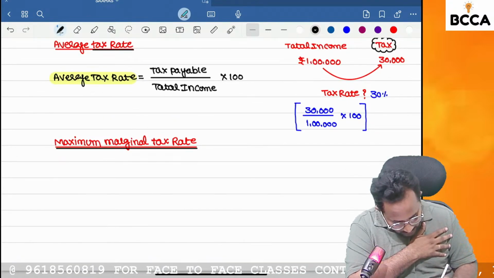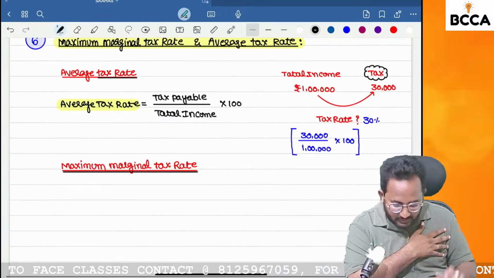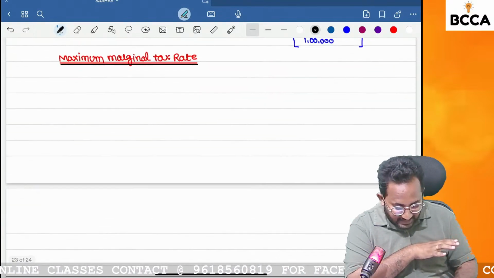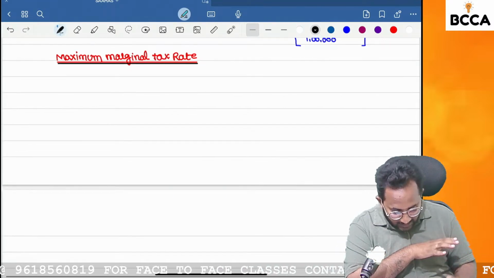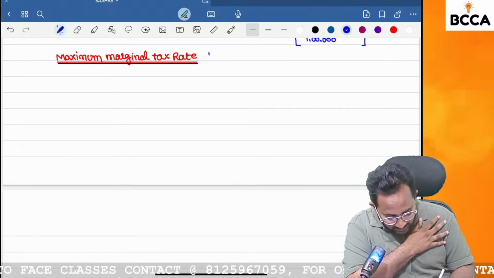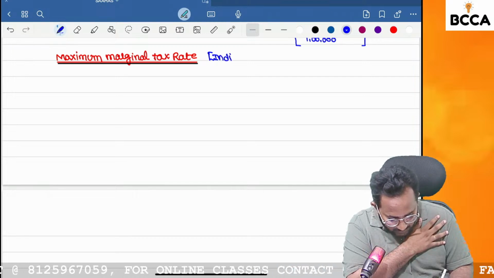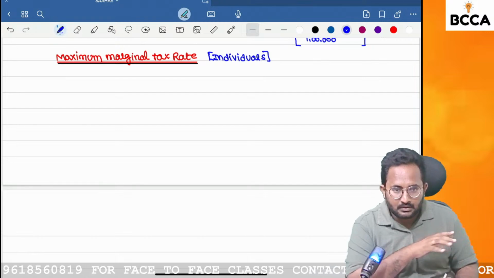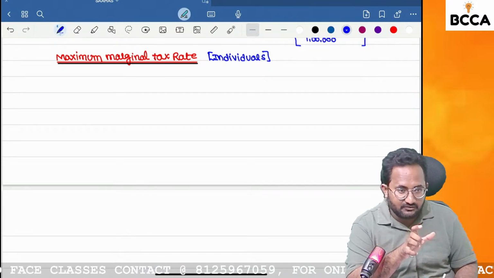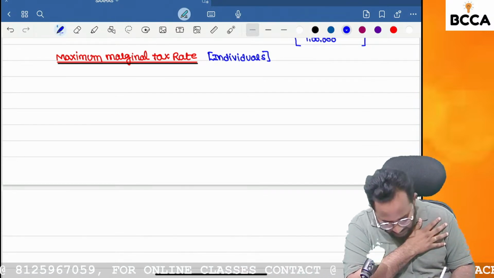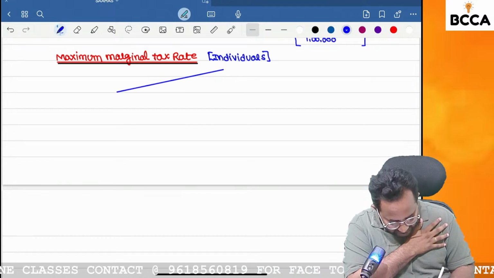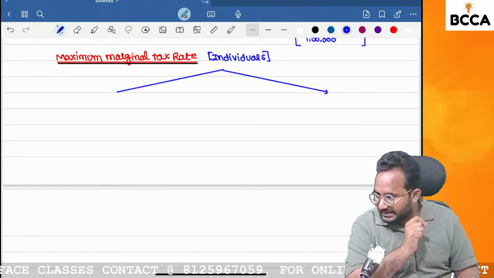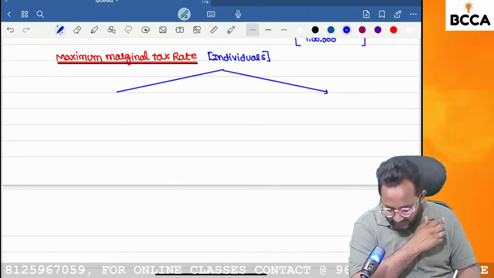I will tell you. I am taking the example of an individual. Like this only, we have to find it out for whichever assessee it is. For an individual, can you tell me what the default tax regime is? Section 115BAC.